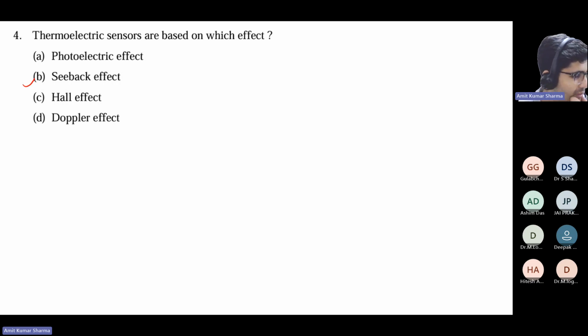So if you are running two dissimilar metals at different temperatures, some EMF will be produced. It is used in thermocouples to measure temperature. So the correct answer is option B. Thermoelectric sensors are based on the Seebeck effect.